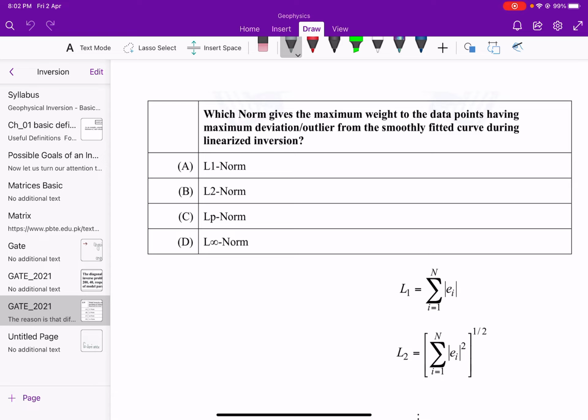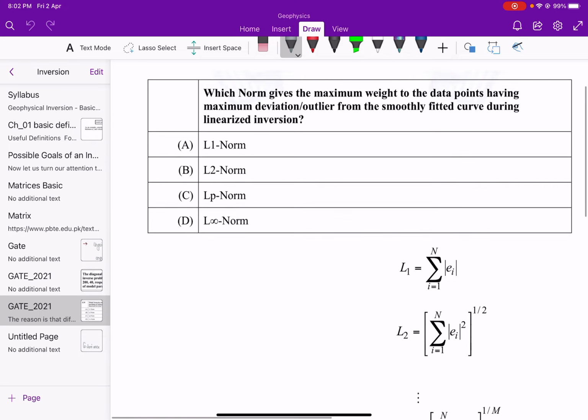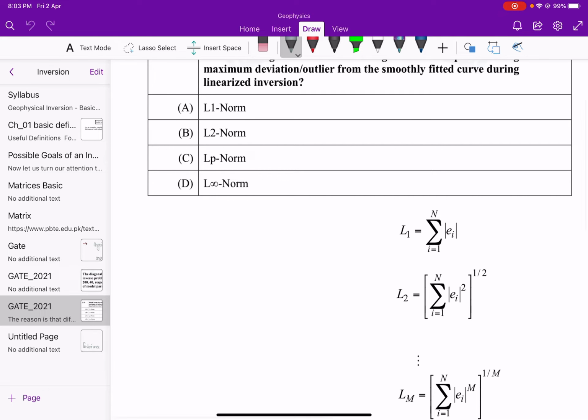Now the next question is: which norm gives the maximum weight to the data points having maximum deviation from the smoothly fitted curve during the linearized inversion? As you know about the norm, that is the distance between 2 points.